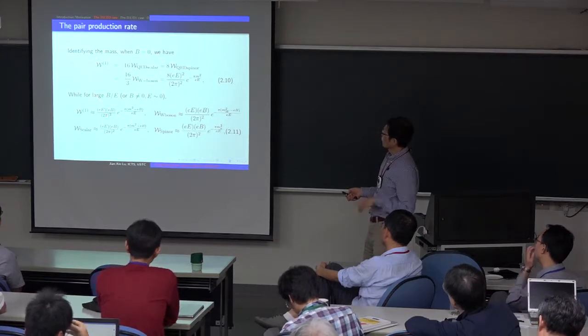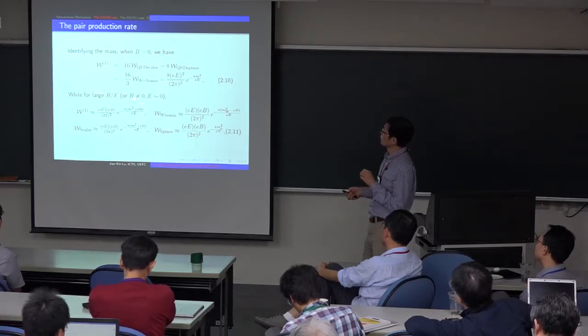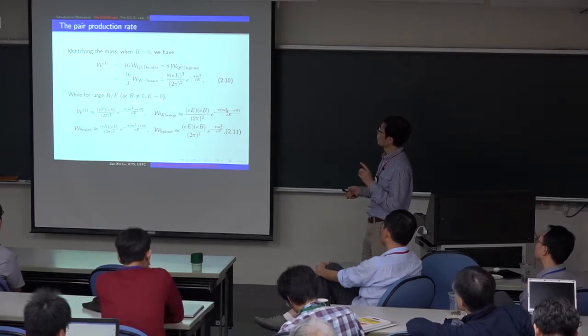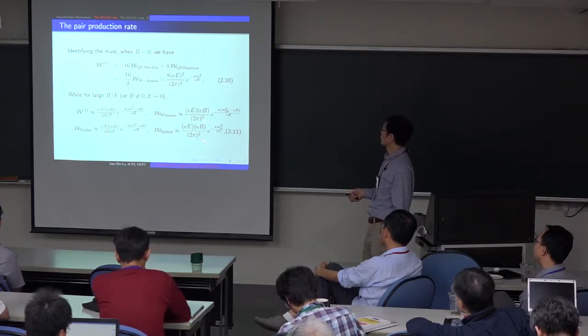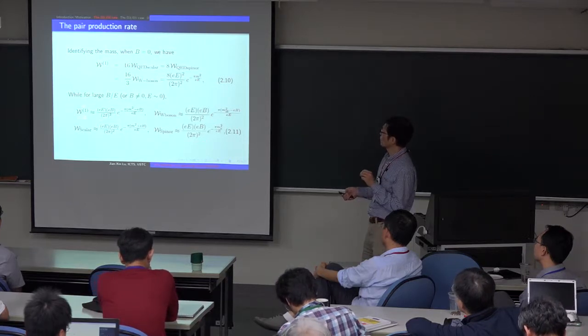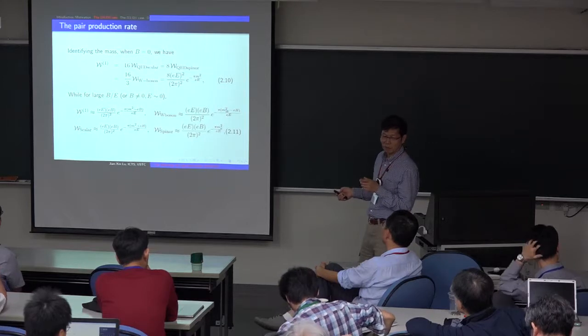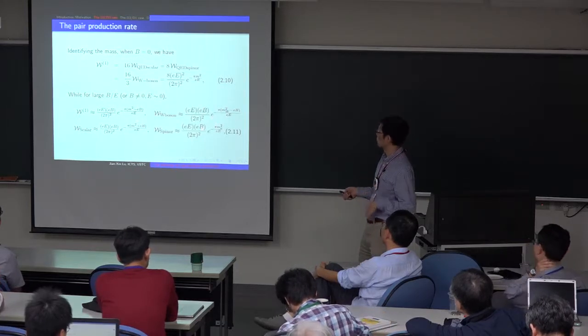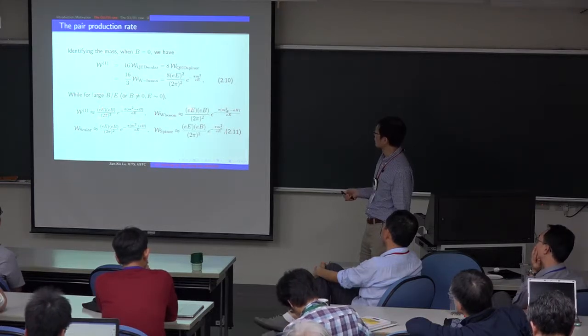And now we consider the other limit, for large B over E. The same thing as we said, B is non-zero and E is almost zero, is also given. So you will find that the rate will become like this. You see the rate we have here is the same as for the W boson, a massive vector field. There's a reason for that which I will explain. Except that all the exponential parts are different, the prefactors are all the same.